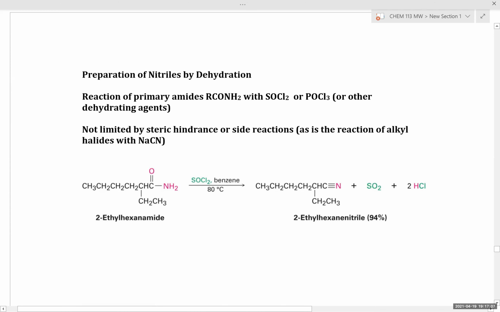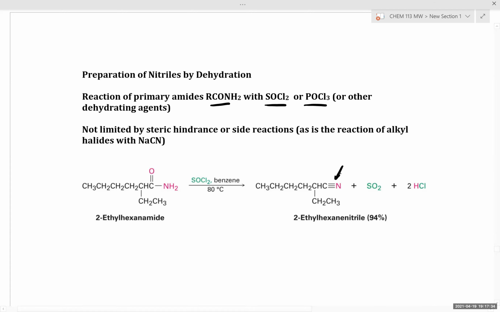So if you have a primary amide, treatment with thionyl chloride or phosphorus oxychloride yields the corresponding nitrile. This is a useful method to prepare nitriles in that you're less likely to see the kind of elimination or other issues with hindered substrates.